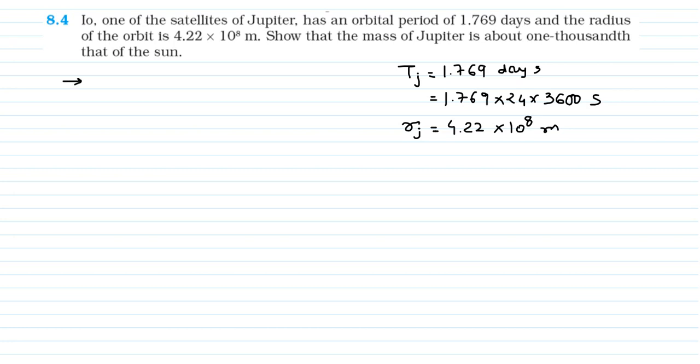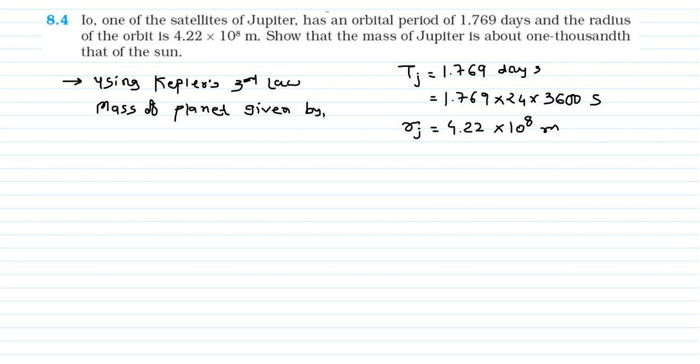Using Kepler's third law, the mass of the planet is given by m is equal to 4 pi square r cube upon G T square.